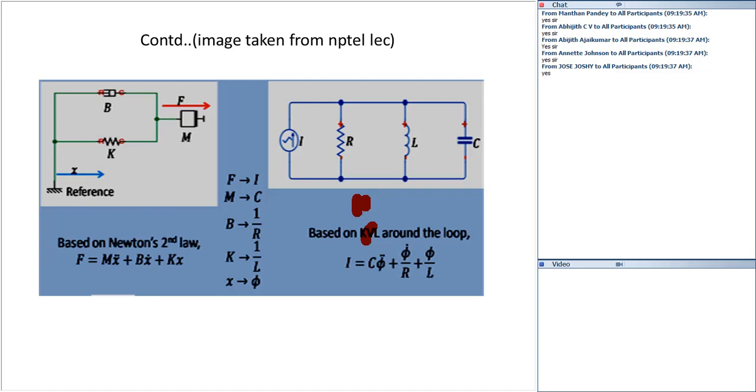Same thing, spring mass damper system. Now your force is analogous to the current source. The moment you use a current source, you will go for parallel realization. So R, L, C are in parallel.